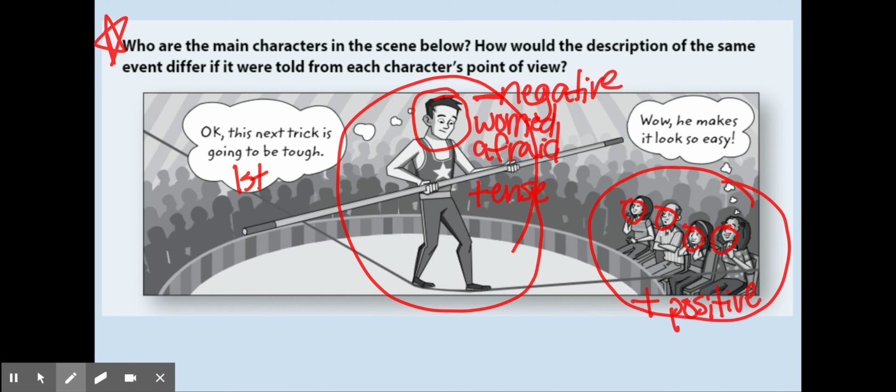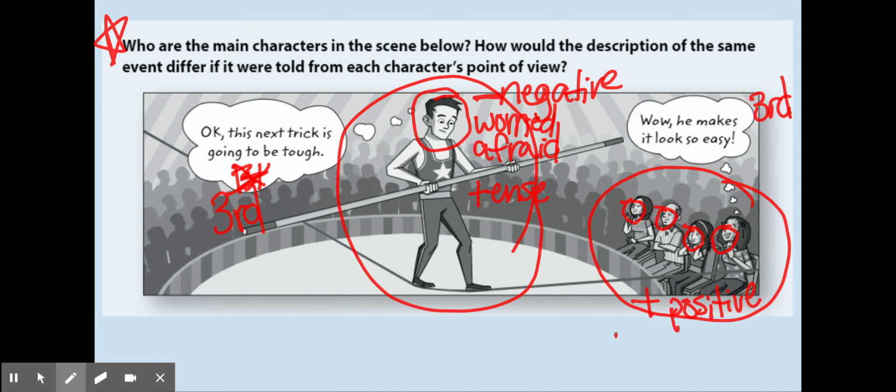They even say up here, "Wow, he makes it look so easy." So if we have more than one person's thoughts, I know that this can't be first person, that this is going to be third person, since I have multiple thoughts going on. So they're impressed.